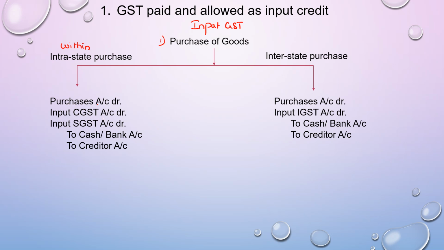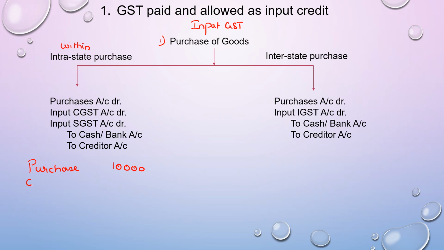So in addition to debiting purchases account with the purchases value, you will be debiting input CGST account and input SGST account. And the rest of the entry of crediting, if it is settled immediately by cash or by giving a cheque, that would be credited, and if it is a credit purchase, the creditor account will be credited. So to just understand this, suppose let the purchase value be say 10,000.